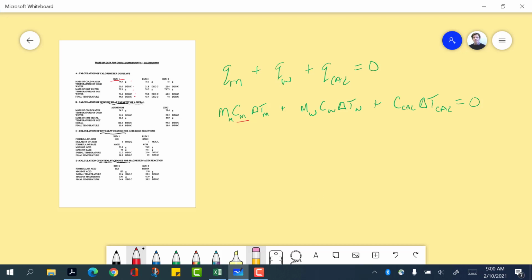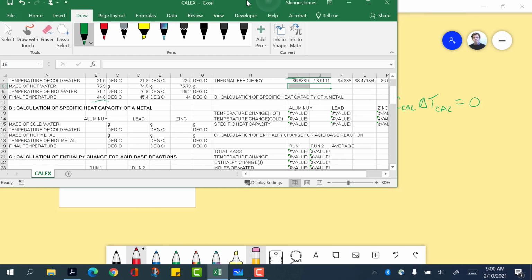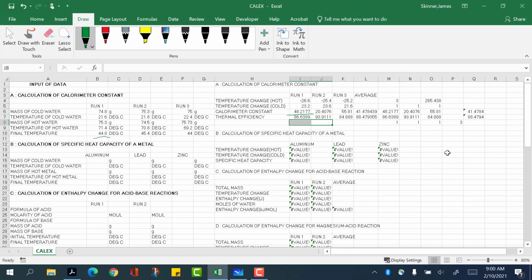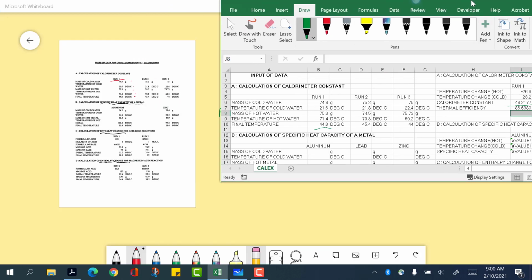Now, what's the heat capacity of our calorimeter? We'll go back to our spreadsheet here. We know that the heat capacity of the calorimeter, the average, is 41.47 or 41.5 joules. So that's where we would get that information.